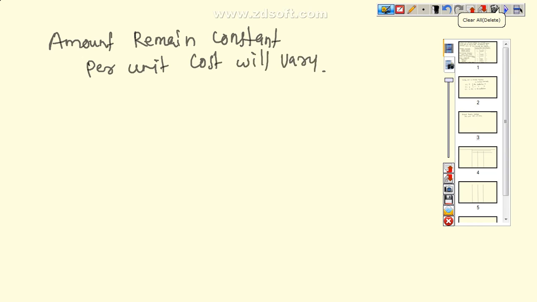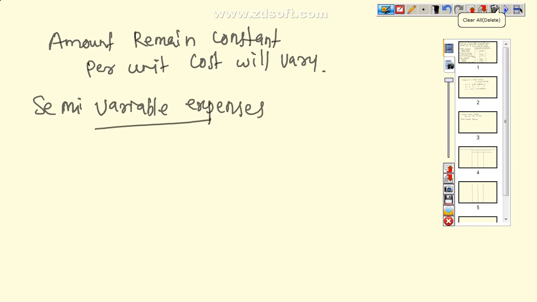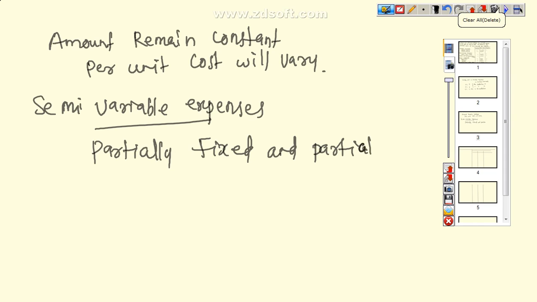So the another type of cost is semi variable expenses. Semi variable expenses are those expenses, a cost which are partially fixed and partially variable. So for example, electricity bill.